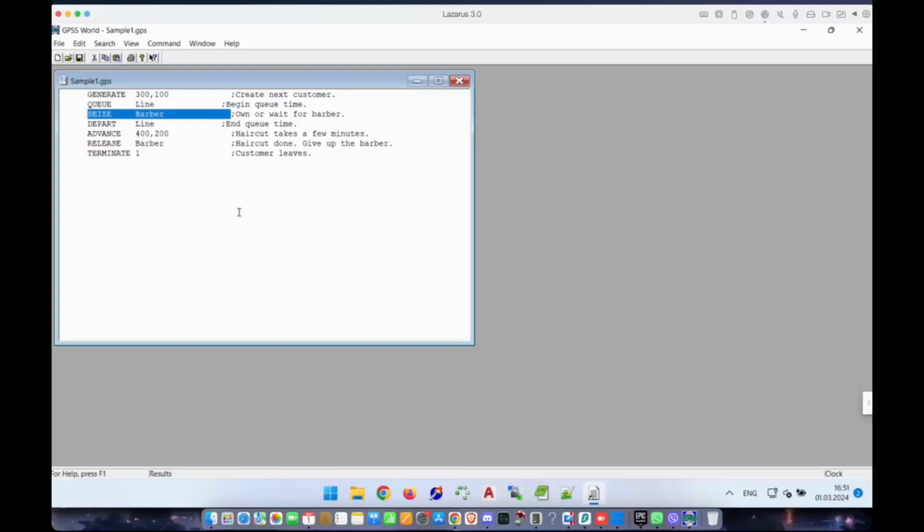Well, that's the idea. So here we have to deep dive into the understanding of what kind of objects, what kind of elements we can work with in GPSS. So the waiting line. Here I have to mention that before using an object, we don't have to declare it.